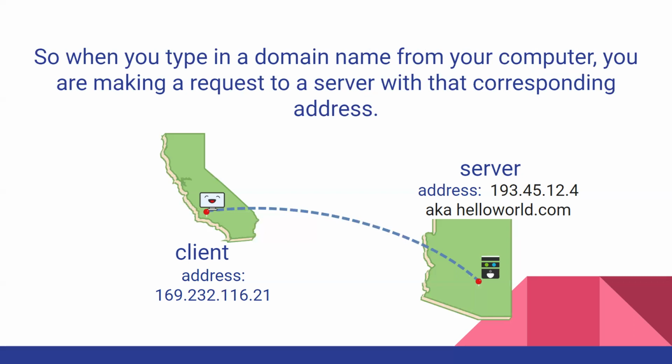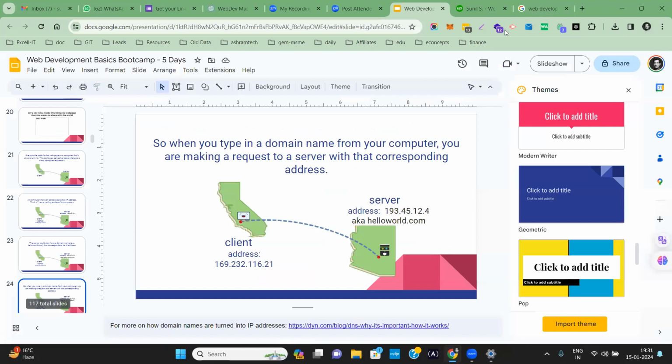When you type in a domain name from your computer, you are making a request to a server with that corresponding address. So once you type some domain name, that is simply a request to that particular server.